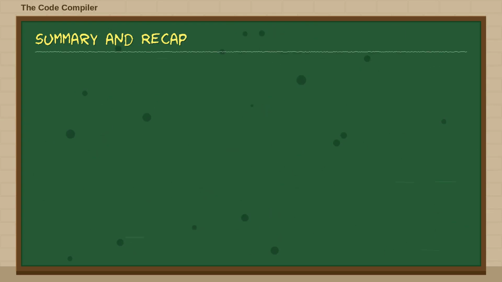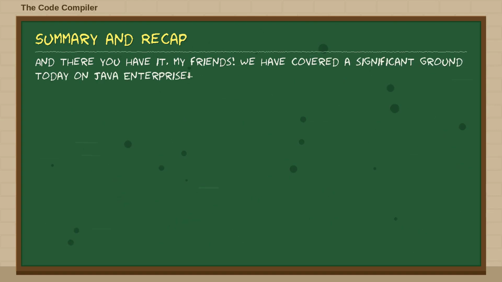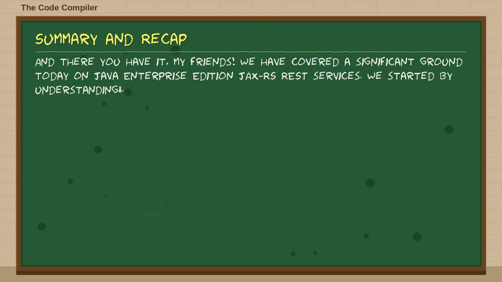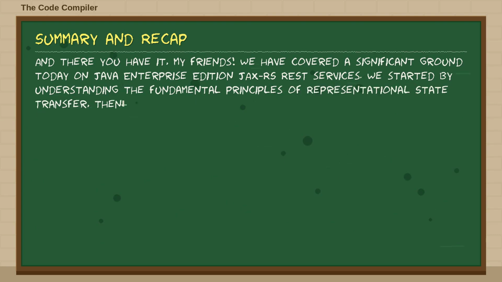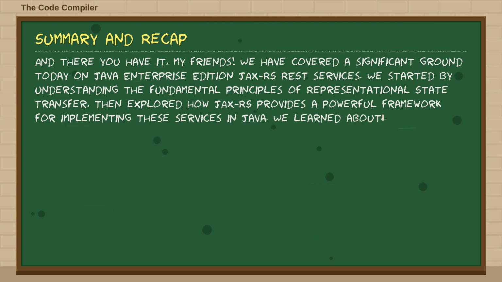And there you have it, my friends. We have covered a significant ground today on Java Enterprise Edition JAX-RS REST services. We started by understanding the fundamental principles of Representational State Transfer, then explored how JAX-RS provides a powerful framework for implementing these services in Java.